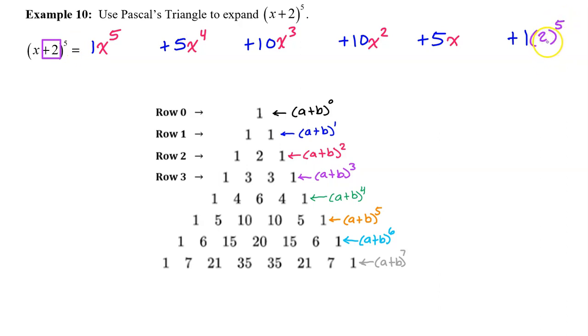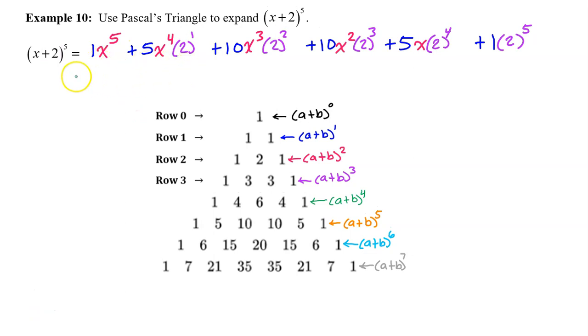And with this term, we go from right to left, decreasing the exponent each time. So this will be 2 to the 5th power, and then 2 to the 4th power, 2 to the 3rd power, 2 squared, and 2 to the 1st power. The last term gets no 2's.